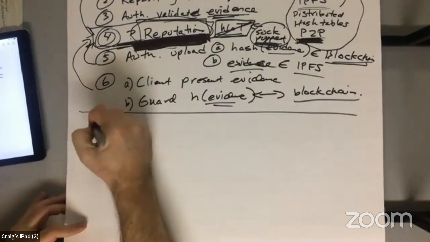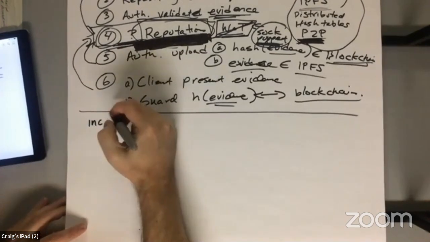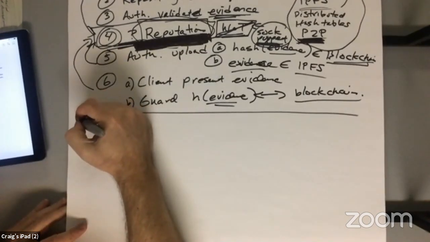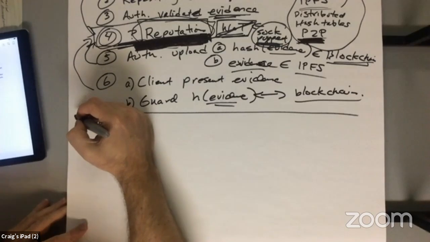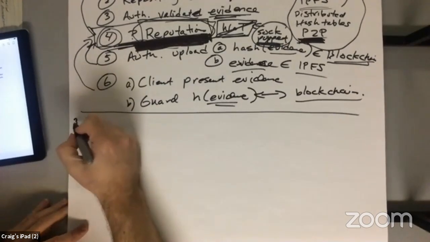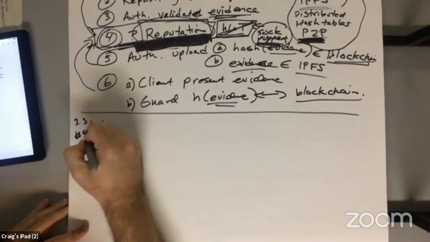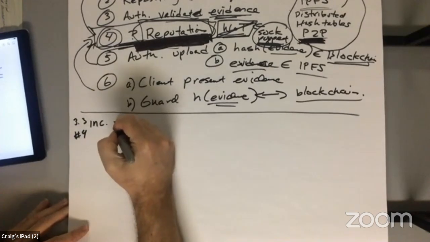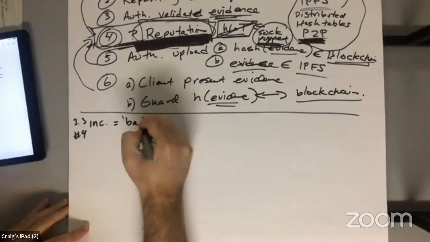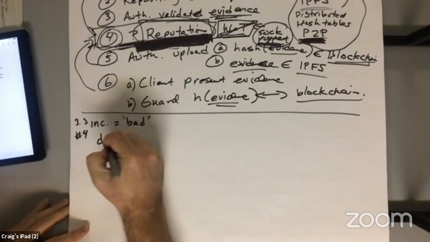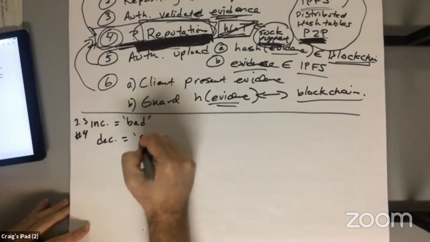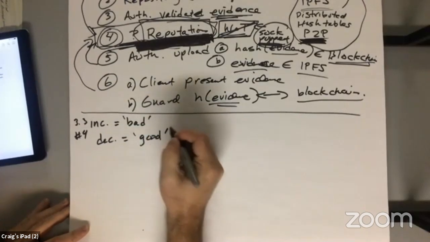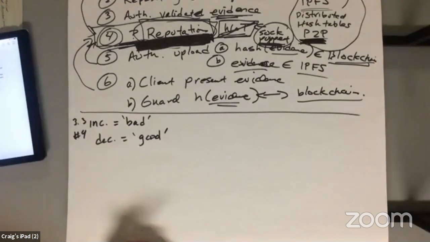So increasing is bad. Oh, this is problem number 4 in section 3.3. Increasing is bad. Decreasing is good. So several people asked that question of like, what's an example of that?